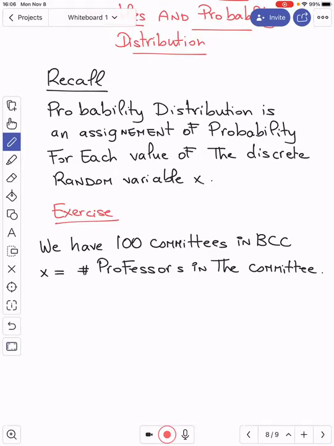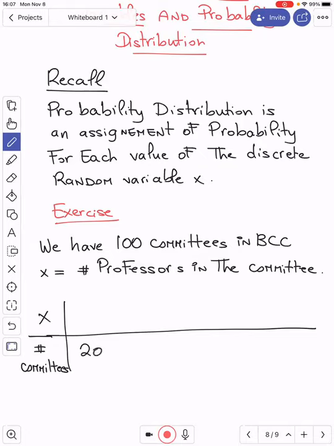All right, so we have the results of the following survey. The first row is your variable X, and the second row is the number of committees. So for example, we have 20 committees with exactly one professor in the committee. We have 25 committees with 2 professors.